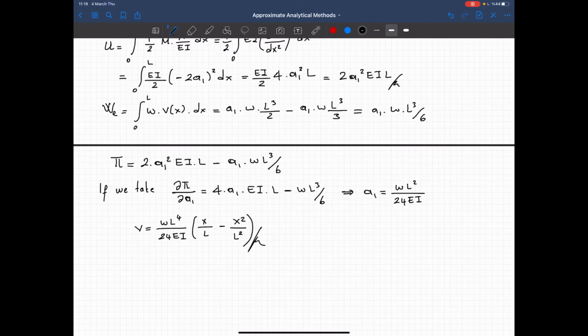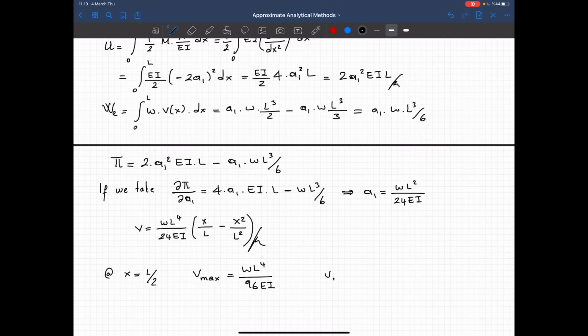is the displacement function. Okay, so if we want to calculate the displacement of x at the middle of the structure, we get the maximum displacement, which is equal to W L to the power 4 over 96 EI.